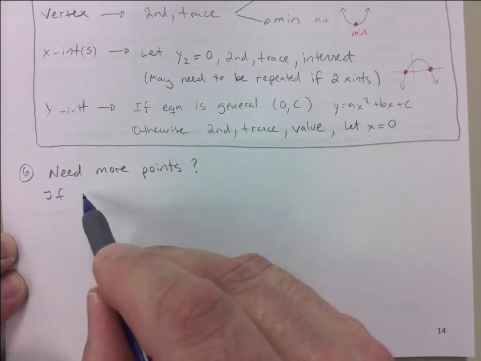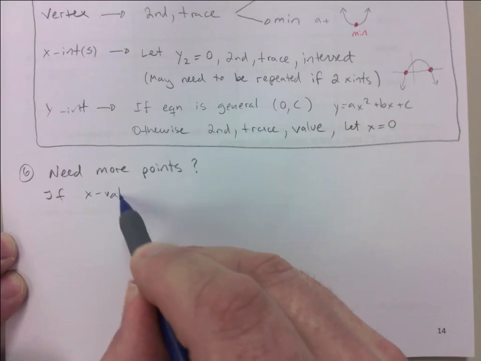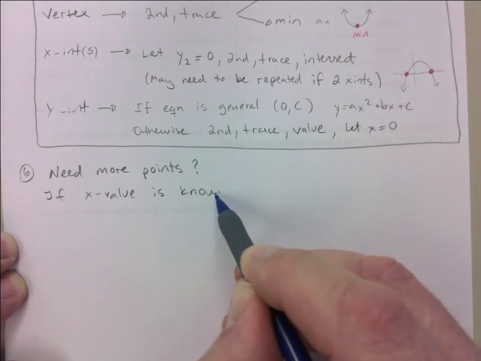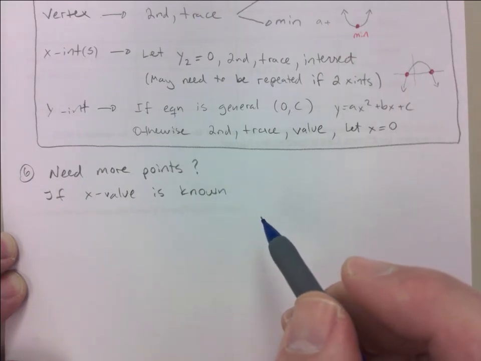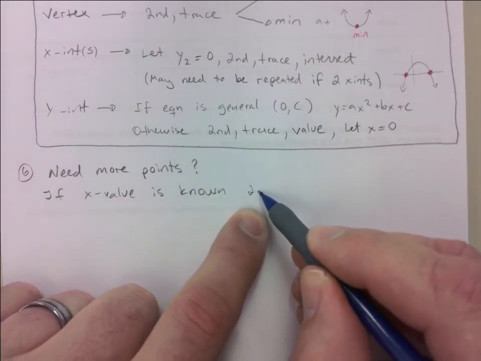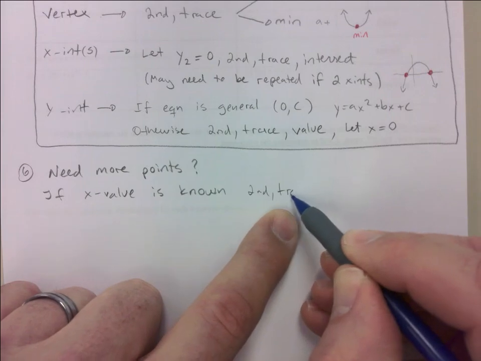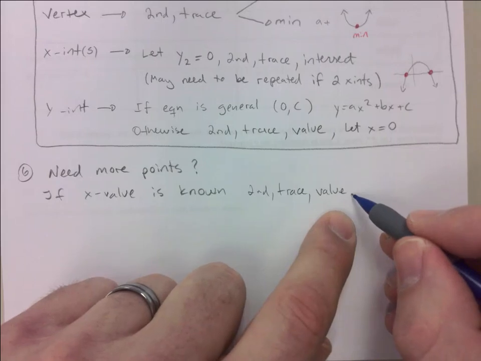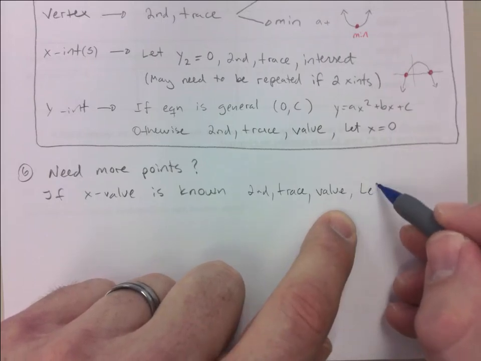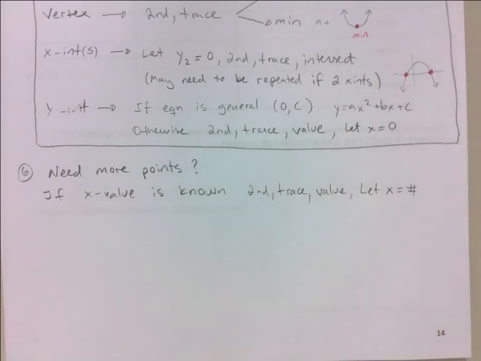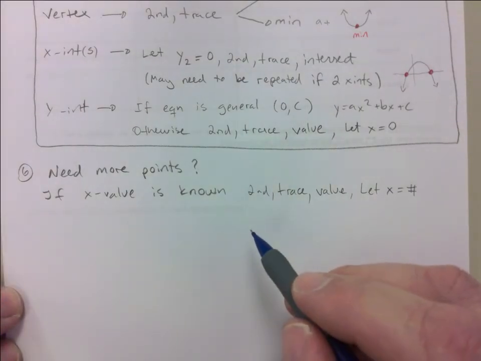If the x value is known, then you go second, trace, value, and let x equal that number. Okay.